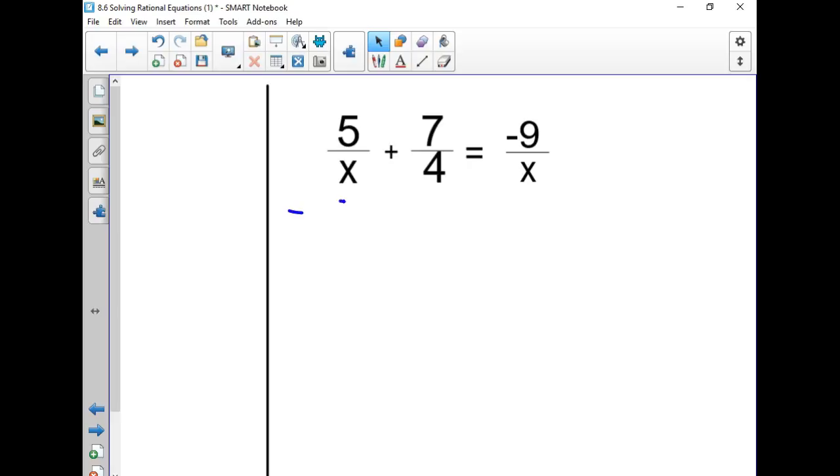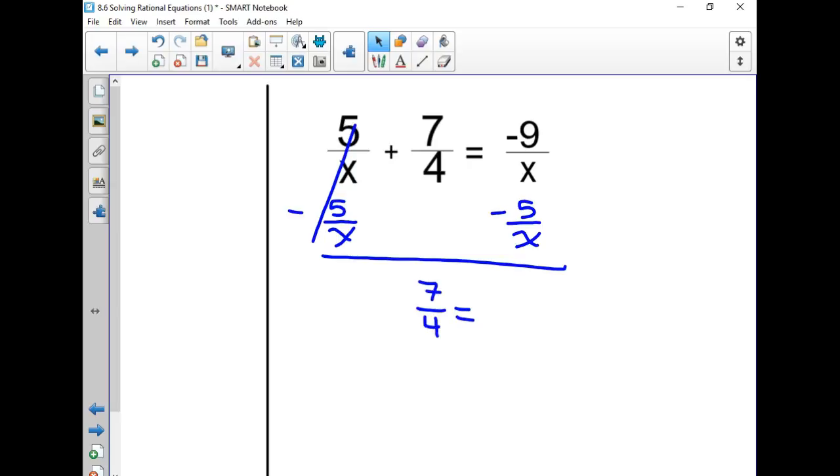So I'm going to subtract 5x and subtract 5x. And now I have 7 over 4 is equal to negative 14 over x. And now what am I going to do? Now I'm going to cross multiply. So this is one strategy.